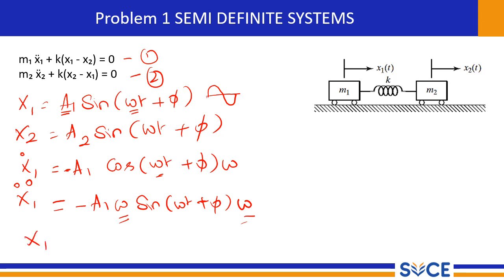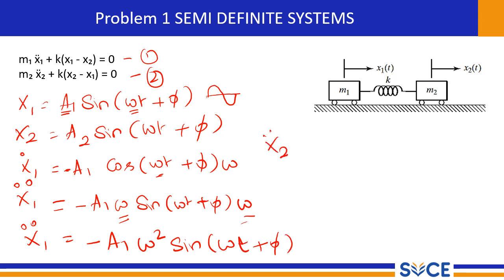So x1 double dot equals minus a1 omega square sine (omega t plus phi). Similarly, x2 double dot equals minus a2 omega square sine (omega t plus phi).